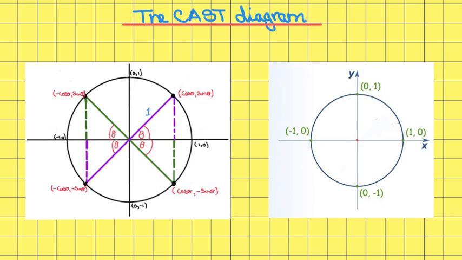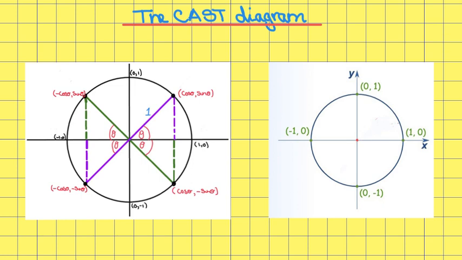We then reflected that angle into the second quadrant and found that the point on the circle had the coordinates minus cos theta, sine theta.